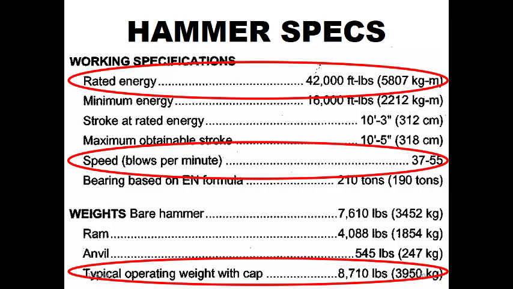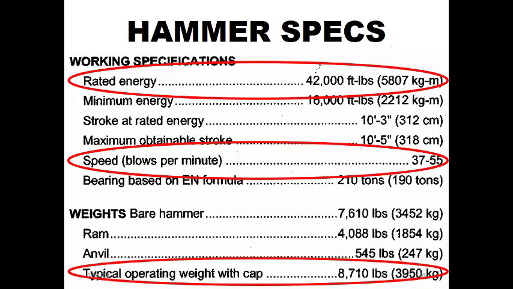There are certain things that I want to highlight for your attention. So the rated energy that we talked about, that we want to generate, right? In this particular case, this hammer has 42,000 foot-pounds. Also for the metric unit, you see the numbers are given too.